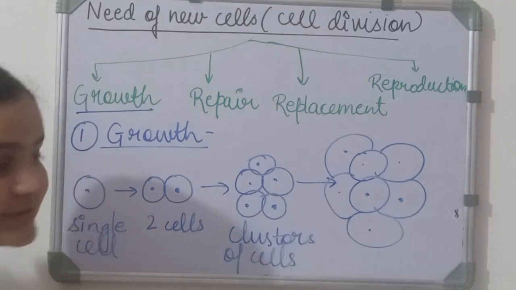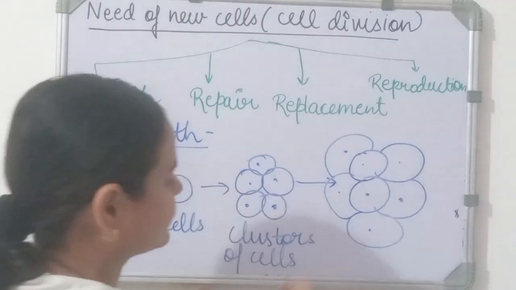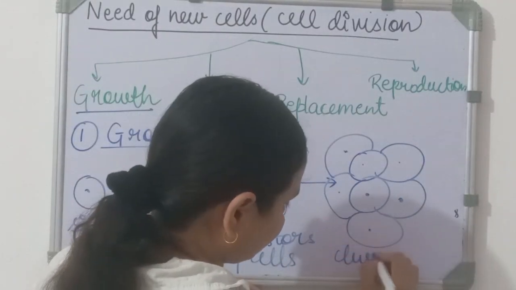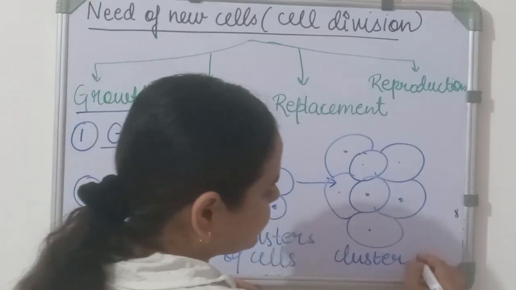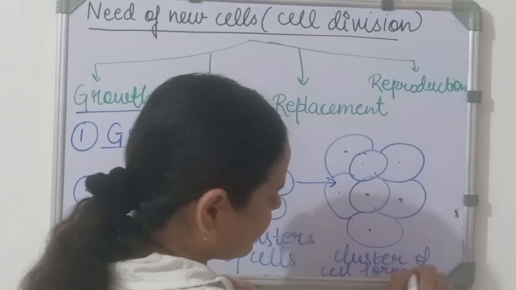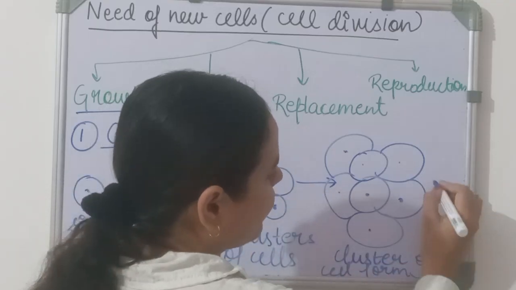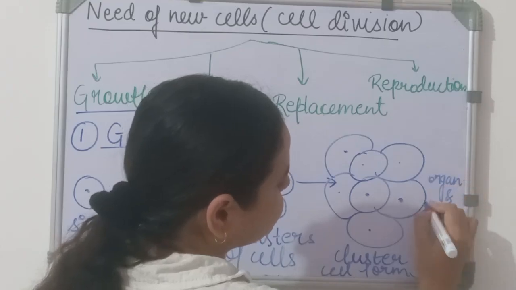Then this cluster of cells forms specific organs and tissues.